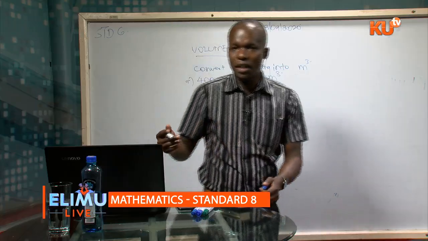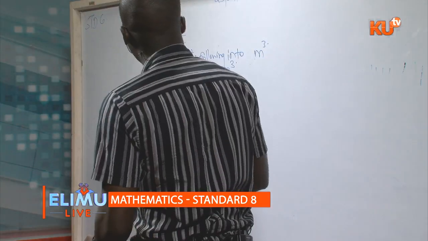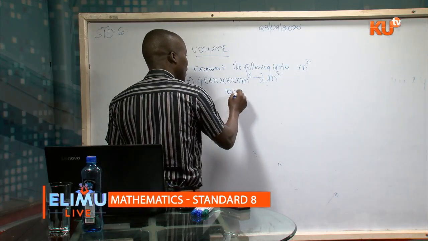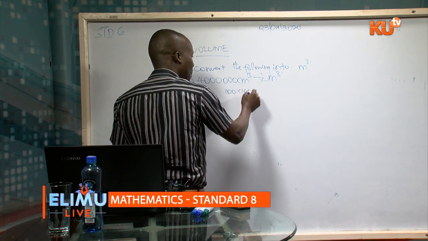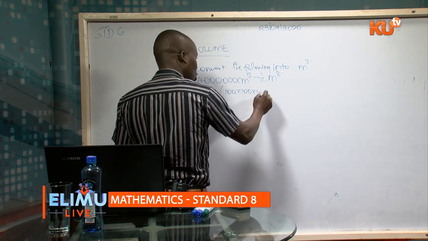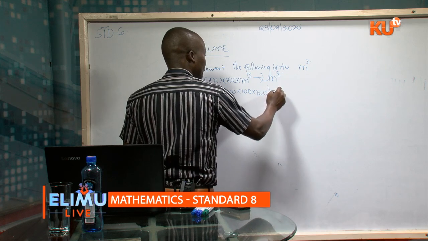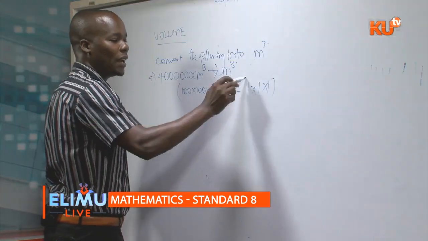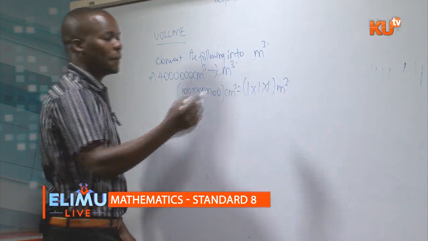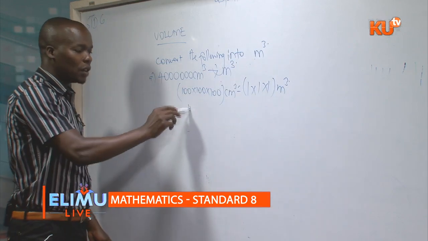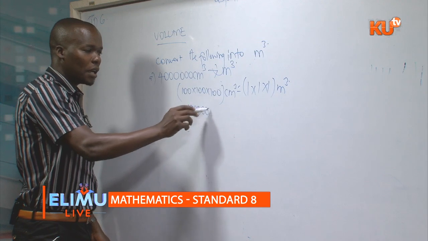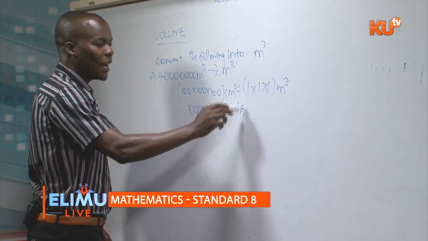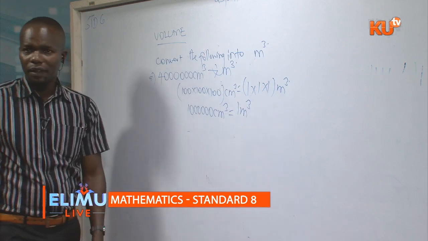How do we do it? I said earlier that 100 by 100 by 100 cubic centimeters is equal to 1 by 1 by 1 cubic meter, and therefore 1 million cubic centimeters is equal to 1 cubic meter.